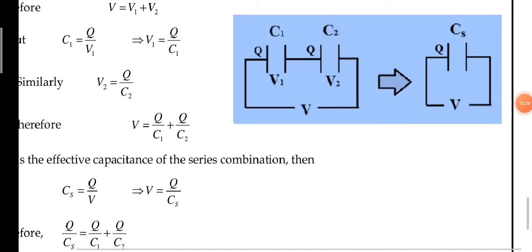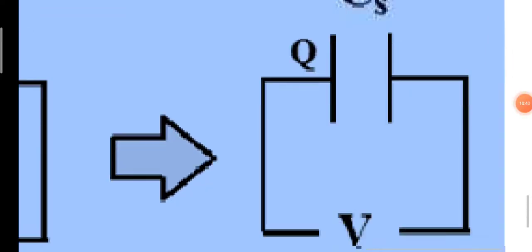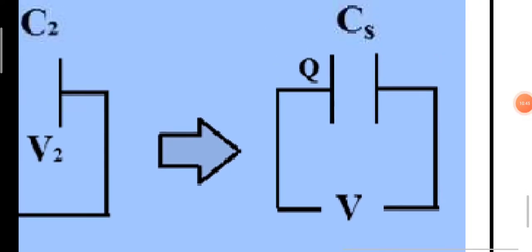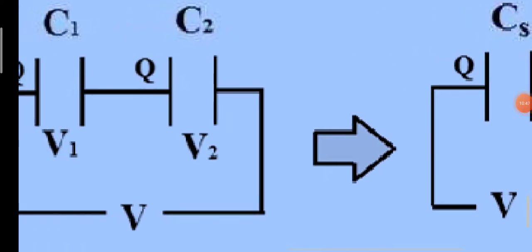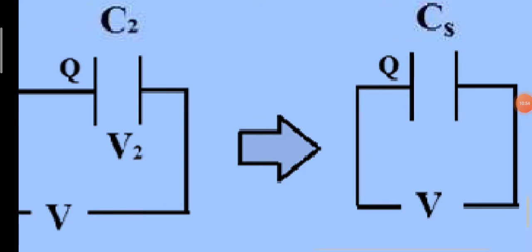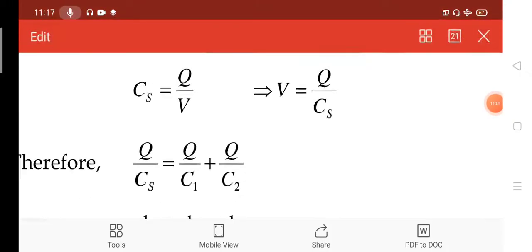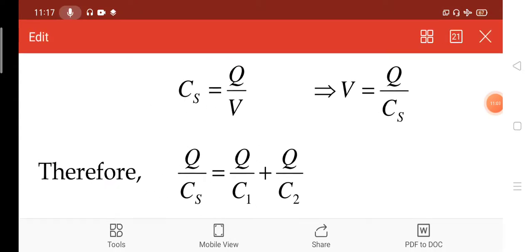Now there is an equivalent diagram for this series combination: the two capacitors are replaced by a single capacitor and connected to potential V. The effective capacitance from the definition is CS equal to Q by V, so V equals Q by CS.